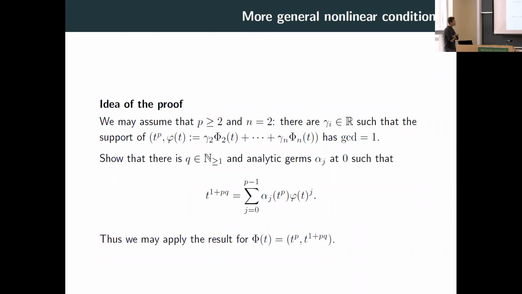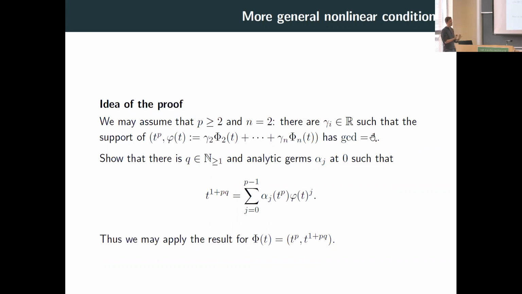So just very quickly, the idea of the proof. First of all, the power p can be assumed to be greater or equal than 2, because if it is 1, we are done. And n can be assumed to be equal to 2. In fact, I can find real numbers gamma_i such that this pair consisting of only two functions has the property that the support has greatest common divisor equal to 1.